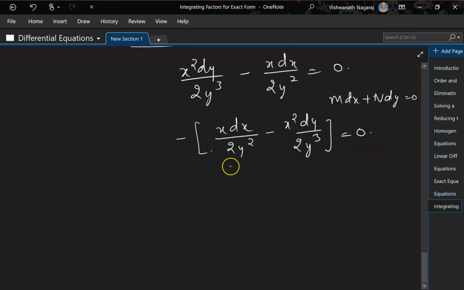So this M becomes x by 2y square, N becomes minus x square by 2y cube.